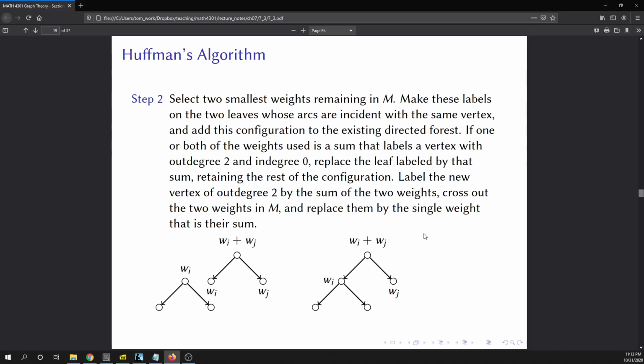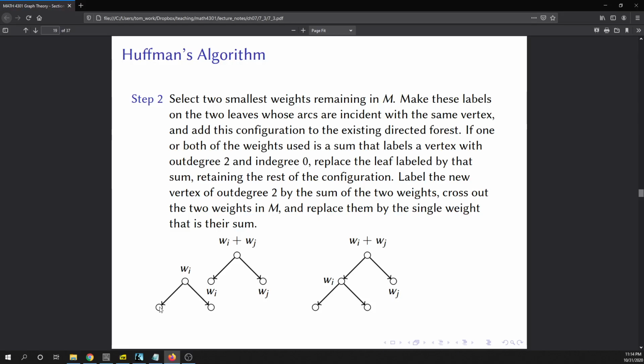In step 2 of Huffman's algorithm, we're going to select the 2 smallest weights that are remaining in M. Once we build that first little part of the tree, we are going to repeat what we did in step 1, and take the 2 smallest weights. We're going to add that tree, same thing that we did before.